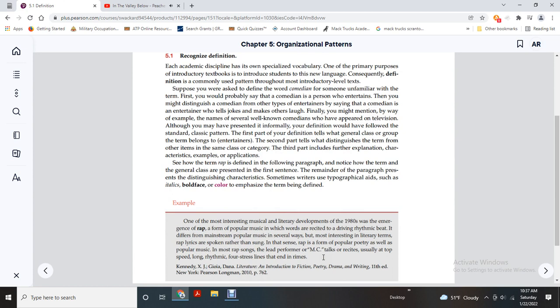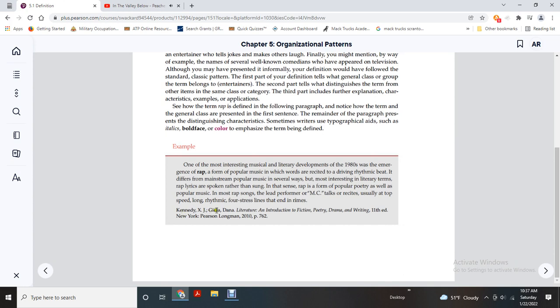Example: One of the most interesting musical developments in the 1980s was the emergence of rap, a form of popular music which was recited with a driving rhythmical beat, and it differs from mainstream popular music in several ways. Most important in literary terms, rap lyrics are spoken rather than sung, and since rap is a form of popular poetry as well as popular music, in most rap songs the leader or MC recites, usually at top speed, long rhythmic, four-stressed lines that end in rhymes.